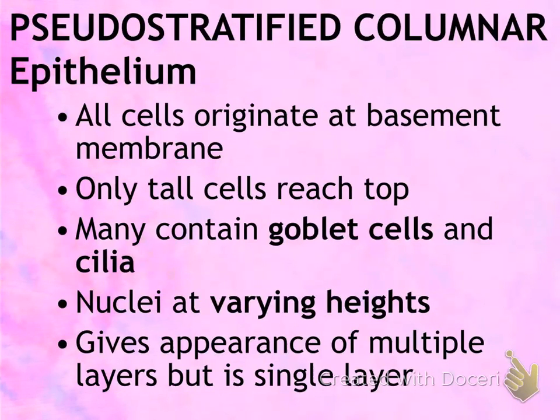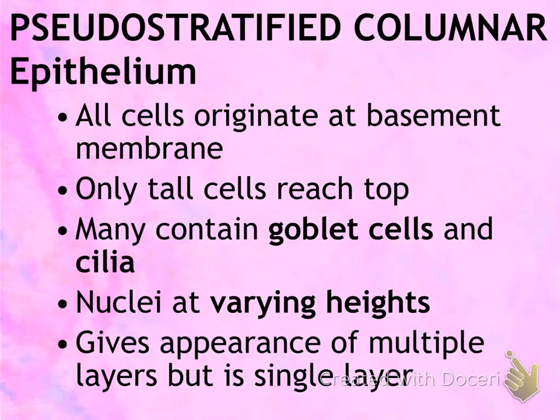The last simple epithelium is pseudostratified columnar epithelium. The prefix pseudo means false, stratified means layer. So literally pseudostratified means false layer. The reason for this name is that this epithelium has the appearance of layers, but it is still considered one layer. Notice that this is a columnar cell, which means that they have goblet cells and they have cilia.